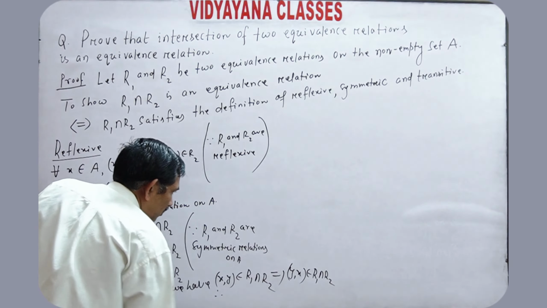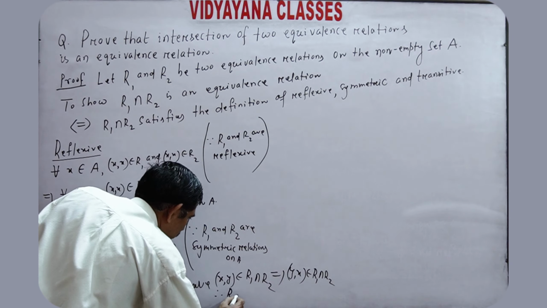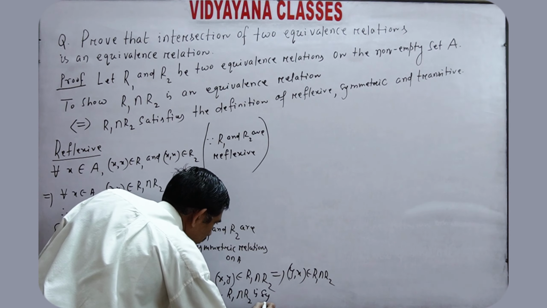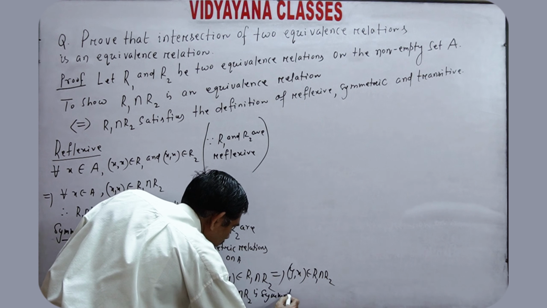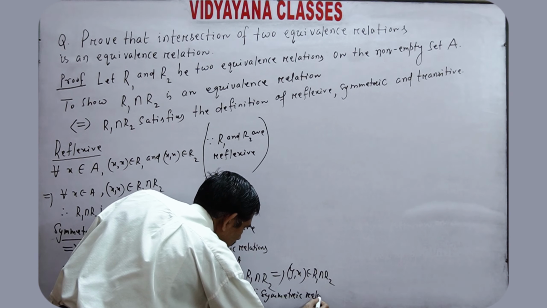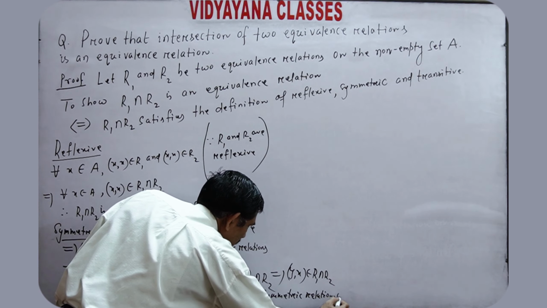Therefore, by the definition of symmetric, R1 intersection R2 is a symmetric relation on A.